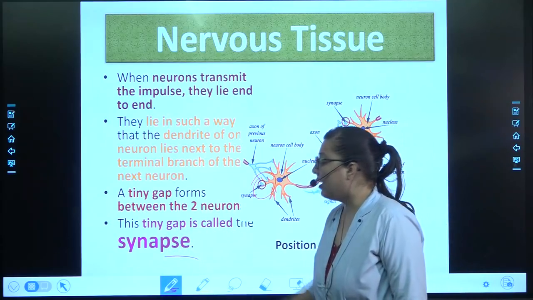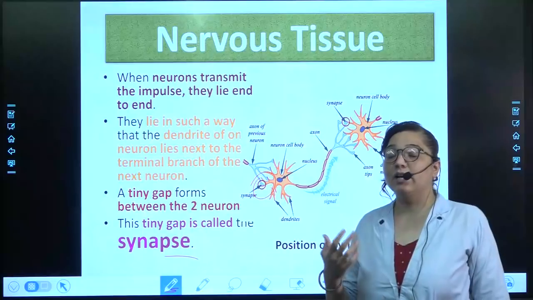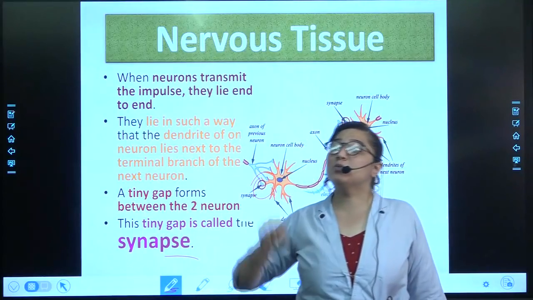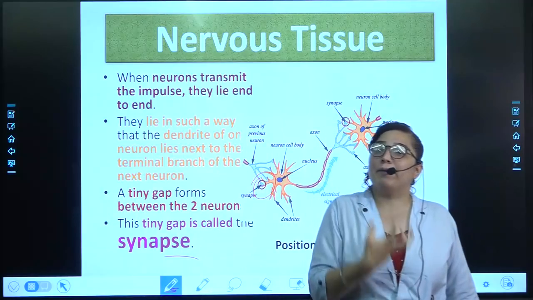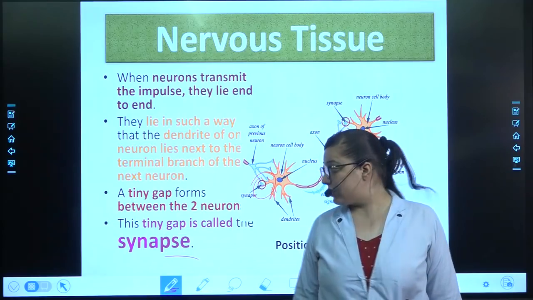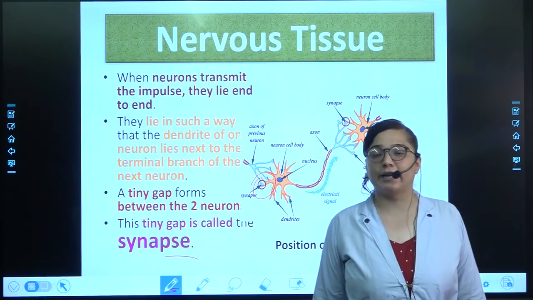Try to recall, we had done this with the help of a video, and in that video you saw that the chemicals were released and these chemicals were being caught by the next cell body. And what is the gap called? It is called synapse or synaptic knob.